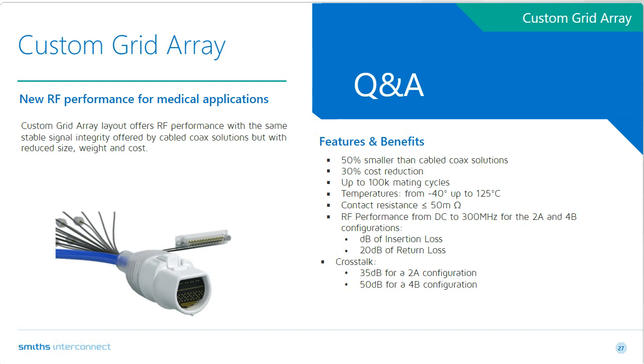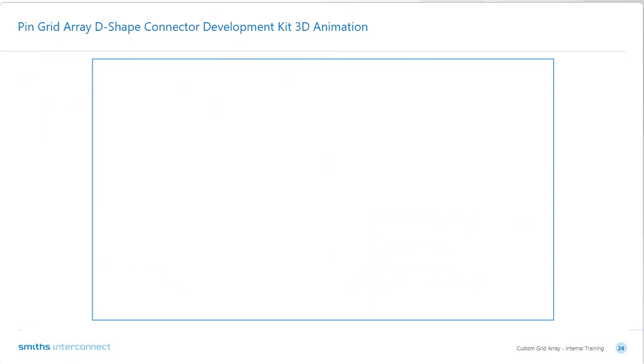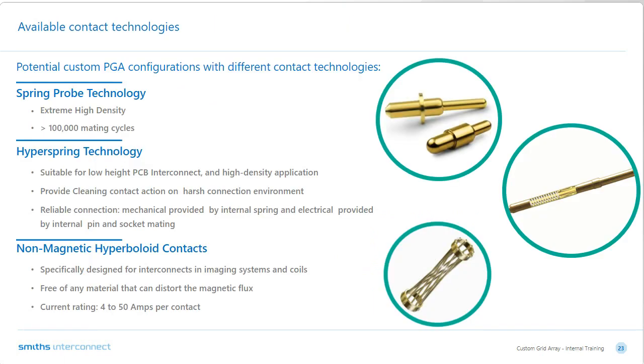What is the maximum current for one contact? Robert, I'll start, and you can feel free to add. I'll actually go back a couple slides because that might help answer the question. Depending on the contact solution used and the size of the contact, we have spring probes and hyperboloids and hyperspring.